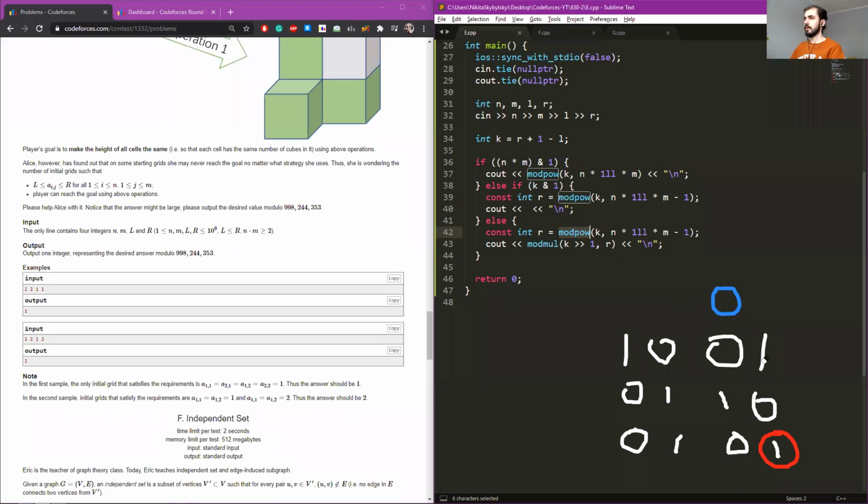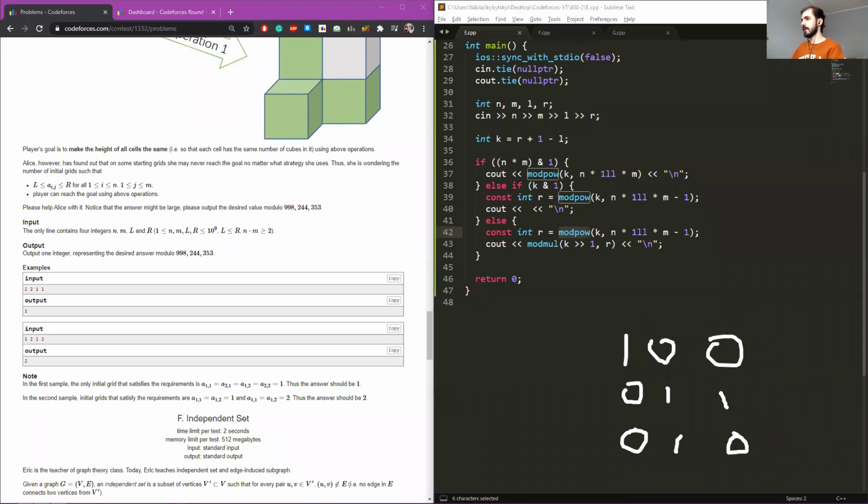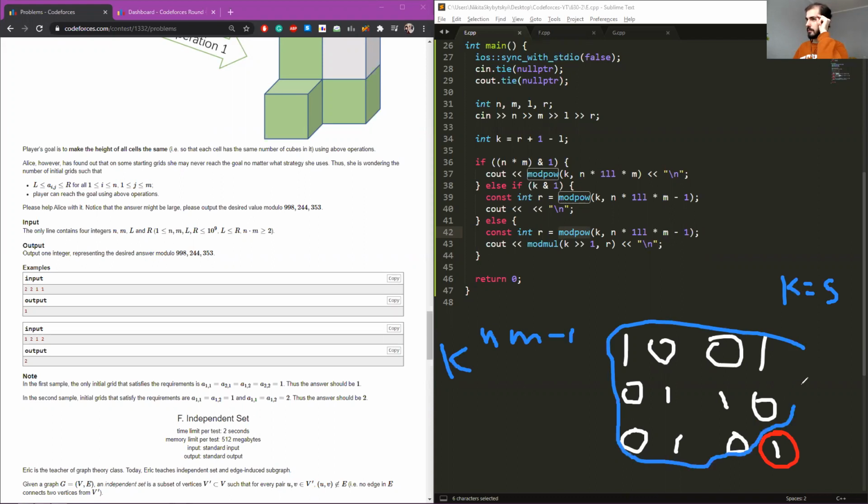Let's see actually, what if we have 9 of them and k equals 5? No, okay, we have 12 of them and k equals 5. Then there are k to the power of nm minus 1 ways to fill this in. But I'm actually interested in how many of these ways are continuous.